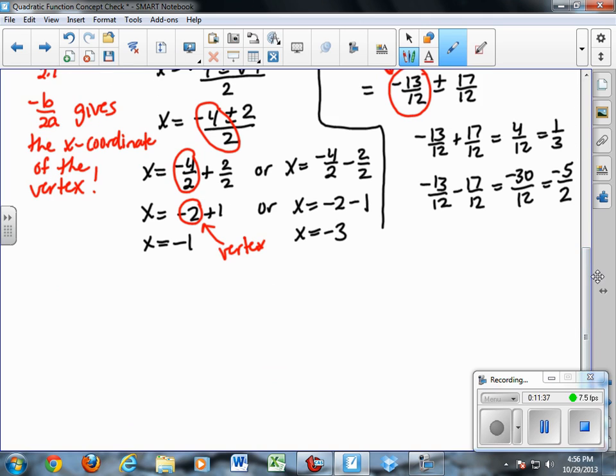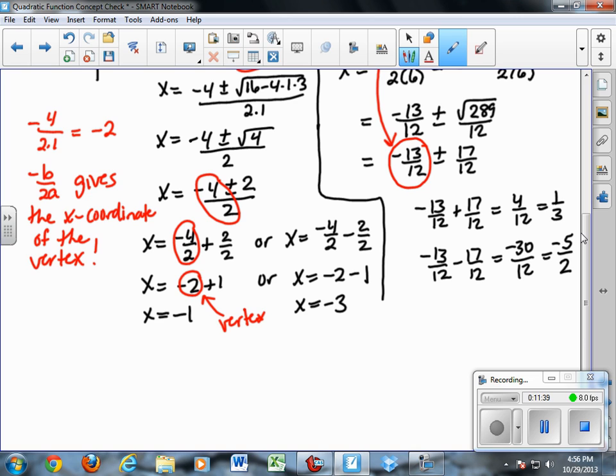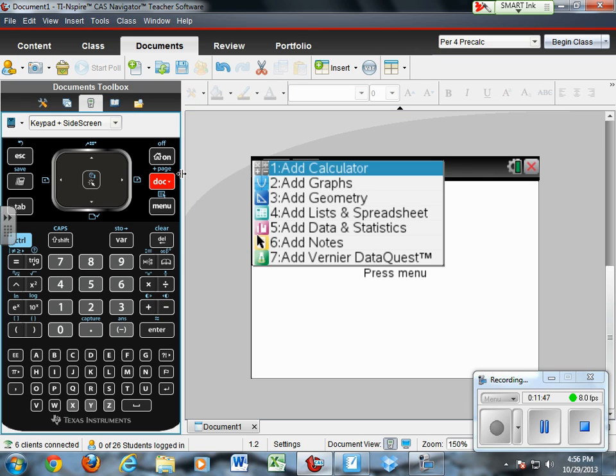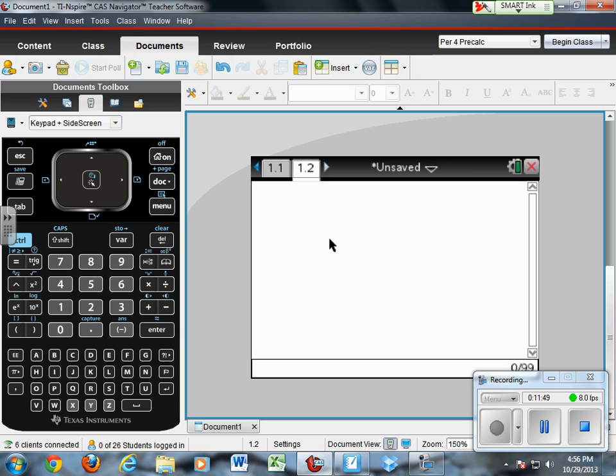So actually I have my calculator handy. So let's go to a calculator page. And I have 6 times the quantity negative 13 divided by 12 squared plus 13 times negative 13 divided by 12 minus 5.